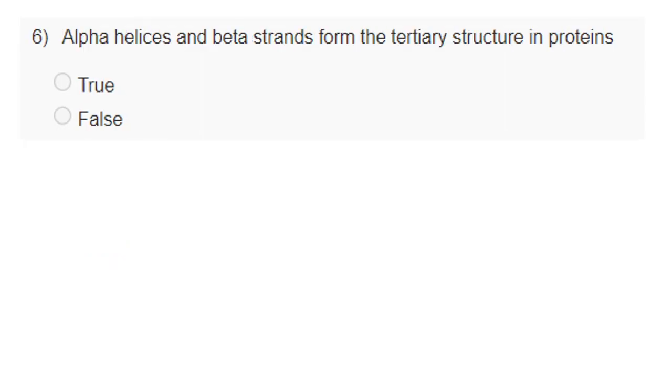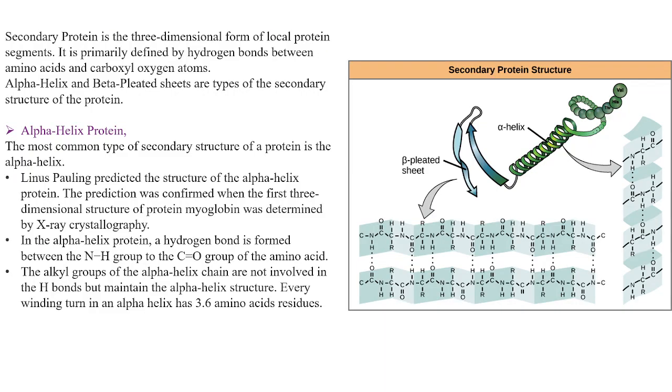Next question, alpha helices and beta strands form the tertiary structure in proteins. True or false? We discussed this. False, yeah, because alpha helices and beta strands are the secondary structure. These are the popular secondary structures of the protein, as I discussed. So this is the alpha helix, this is a beta pleated sheet.